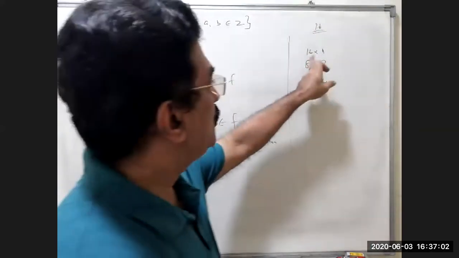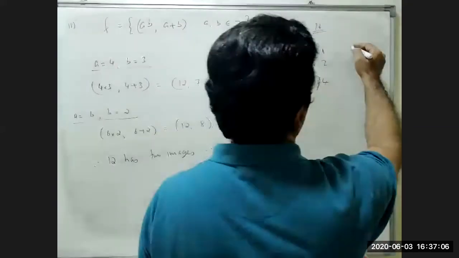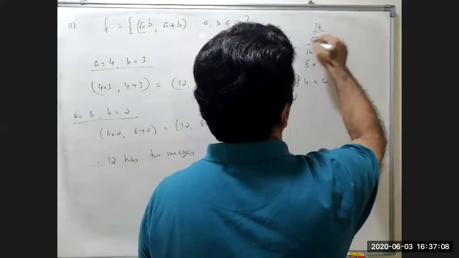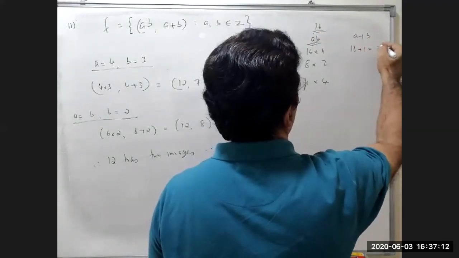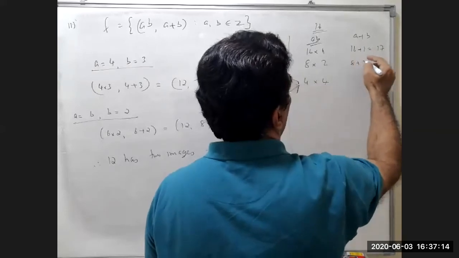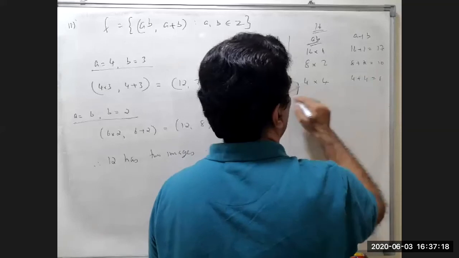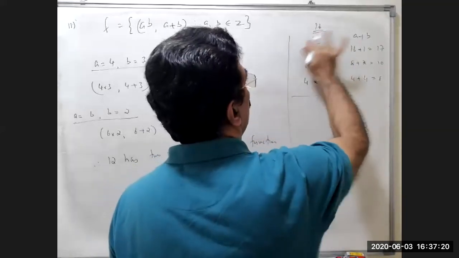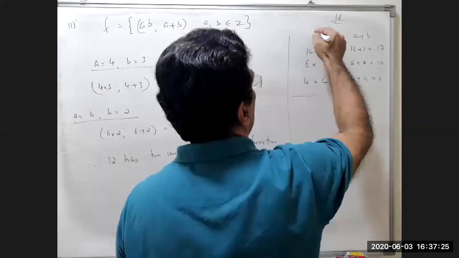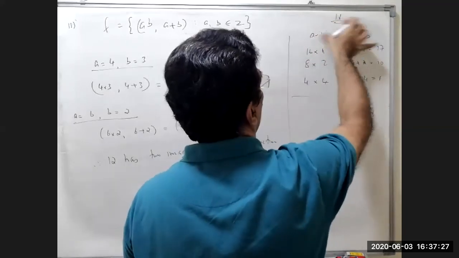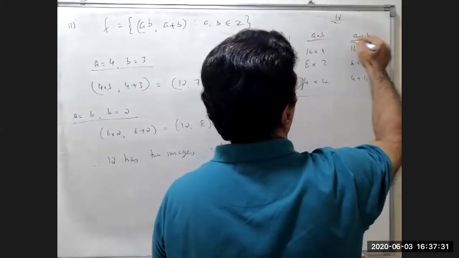So multiplying these two, we get 16, whereas adding them gives A plus B. 16 plus 1, 17. 8 plus 2, 10. 4 plus 4, 8. If you are making 16, this is A into B, this is A plus B.